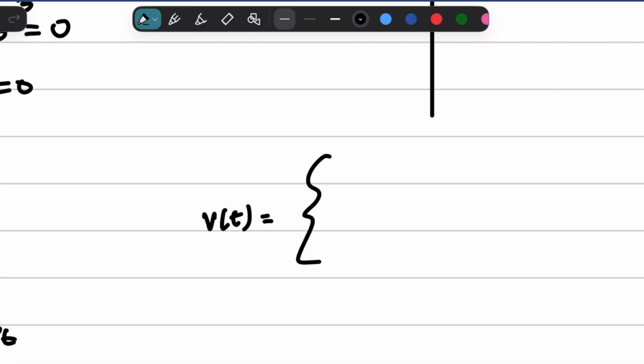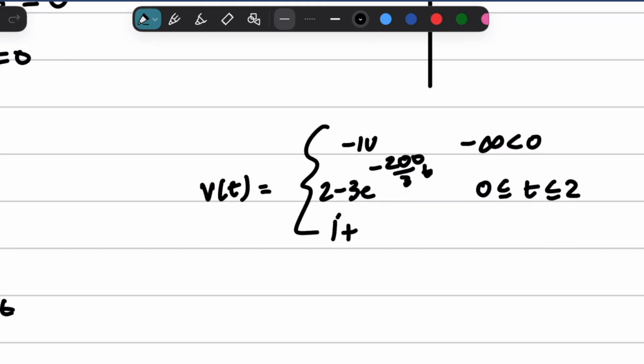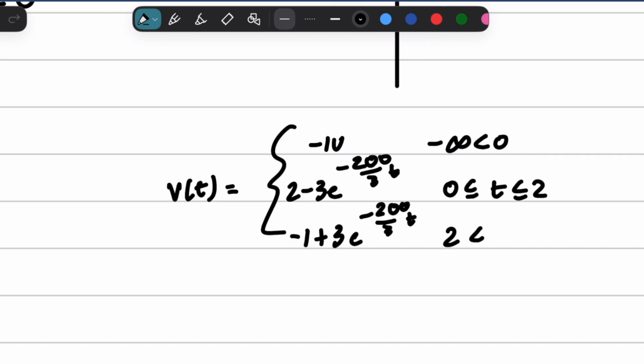We know that from -infinity to 0, our voltage is just -1 volt. And then in our transition period from 0 to 2, the equation that represents the voltage is this. And then from 2 to infinity, the equation is this.